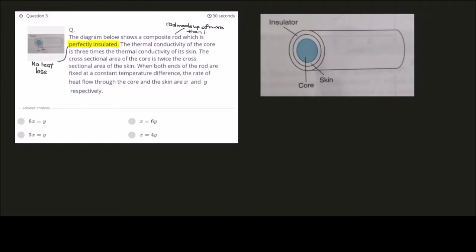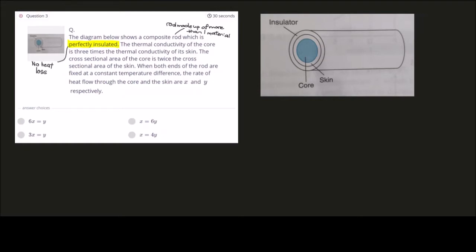Okay, so the thermal conductivity of the core is 3 times the thermal conductivity of its skin. So if you look at the diagram here, the inner center of the rod will be the core, and this outer layer between the insulator and the core, we call it the skin. And they tell you that the thermal conductivity of the core is 3 times the thermal conductivity of the skin.